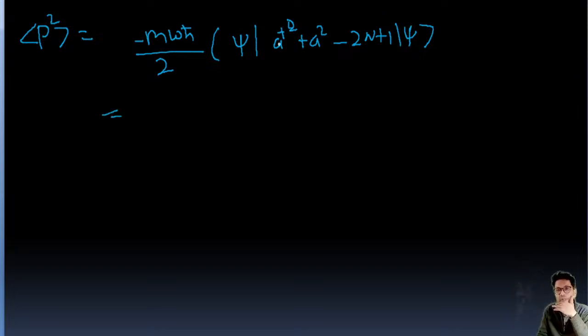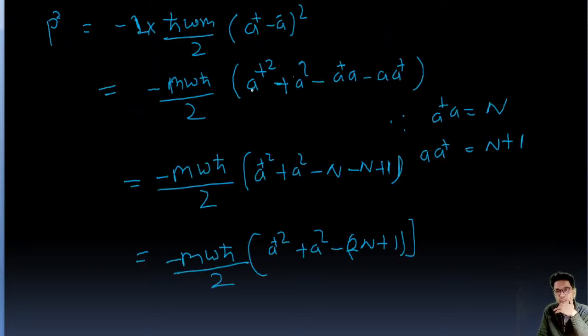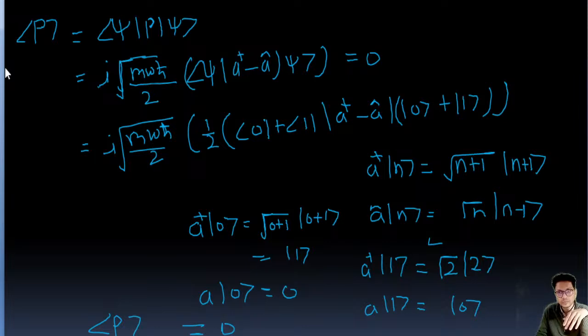So we know we have operated a here, this psi with this, with a dagger a, right? So this has given the value 0, right?